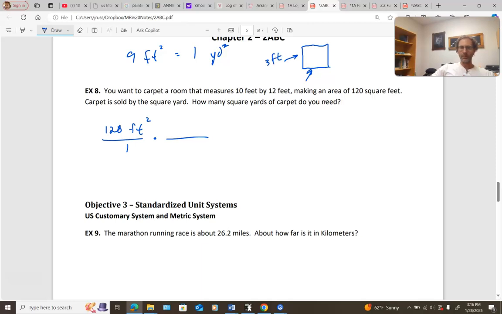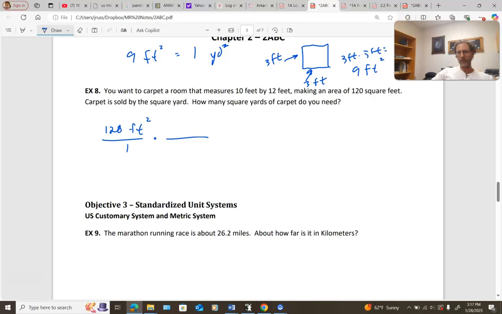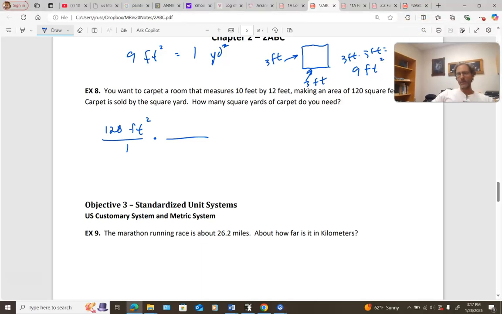So 3 feet in one dimension and 3 feet in another dimension. Now if I find the area of this square yard this way, I'd multiply 3 feet times 3 feet, and that is equal to 9 square feet. Okay? So you could figure it out that way. There are 9 square feet inside 1 square yard.